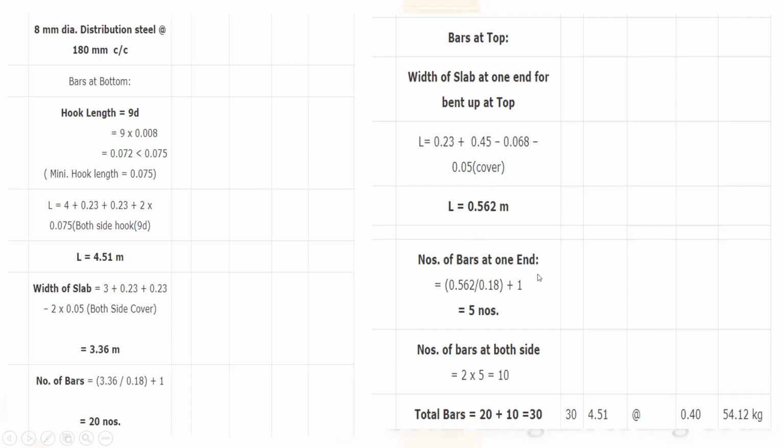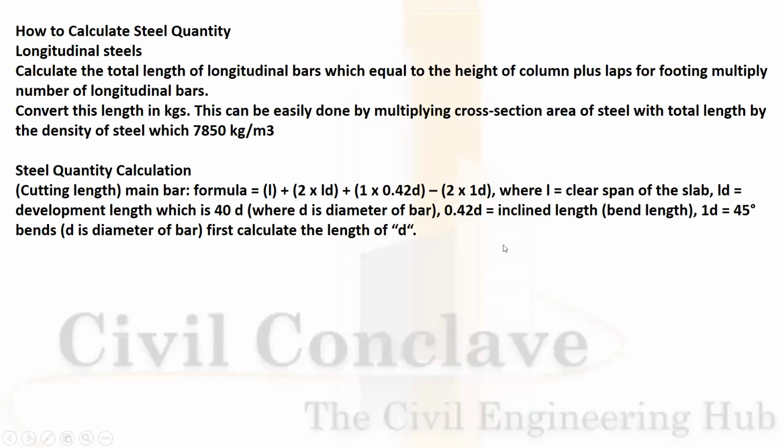Number of bars at one end, that is 0.562 minus divided by 0.18 plus 1, 5 numbers. Number of bars at both the sides, 2 into 5 is equal to 10. So total number of bars, 12 plus 20 plus 10 is equal to 30 or so. The length will be 4.51 meter at the rate of 0.4 kg, 54.12 kg.